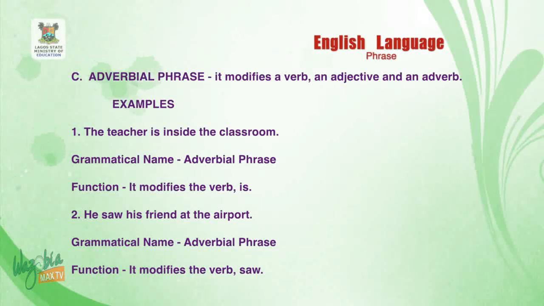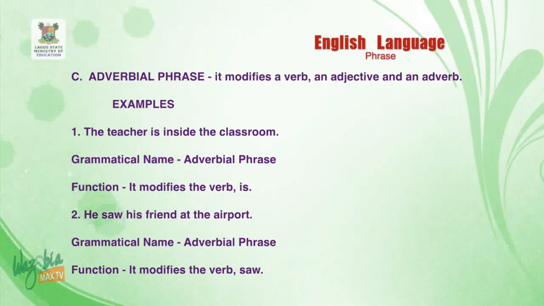If you look at the example, there is no finite verb there in the underlined expression, inside the classroom. The grammatical name is adverbial phrase. Yes, we can decide to mention the type, but I will advise you leave the type alone. Therefore, the grammatical name is adverbial phrase. Function, it modifies the verb is.